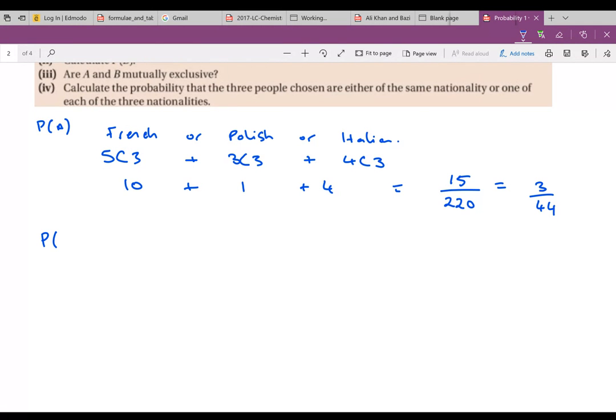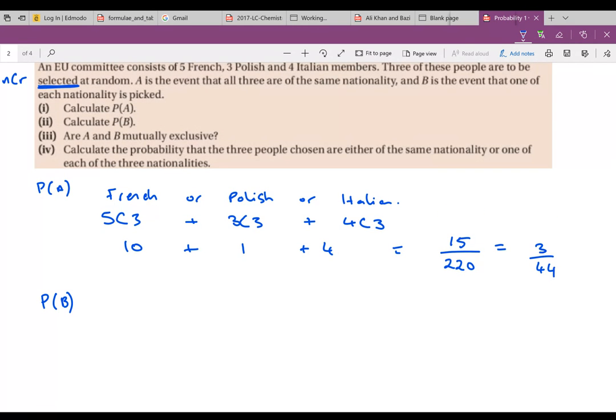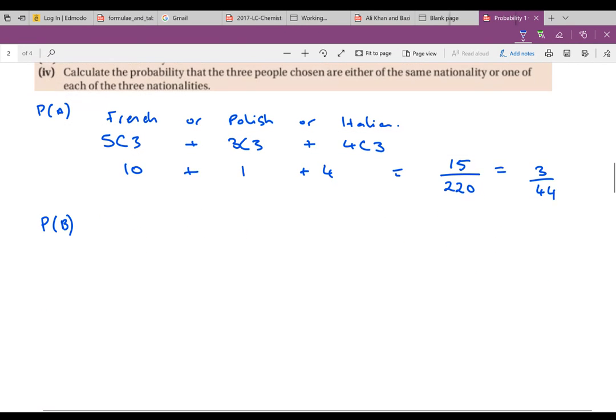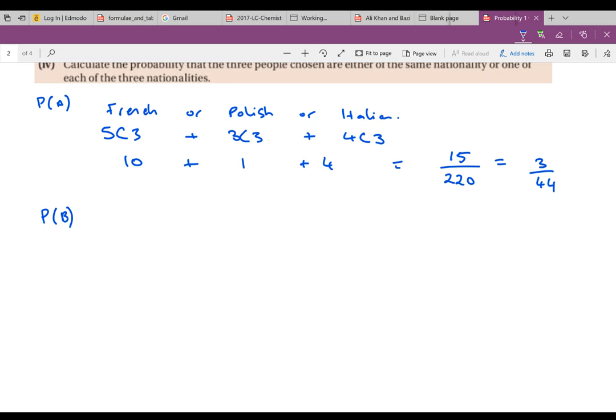Remember, this is probability. So 15 was just the number of outcomes, and the total number of outcomes was your 220. So the probability of B then, that there is 1 from each of the nationalities. That means there would have to be 1 French, so there were 5 French, choose 1. And 1 Polish, so we have 3, choose 1.